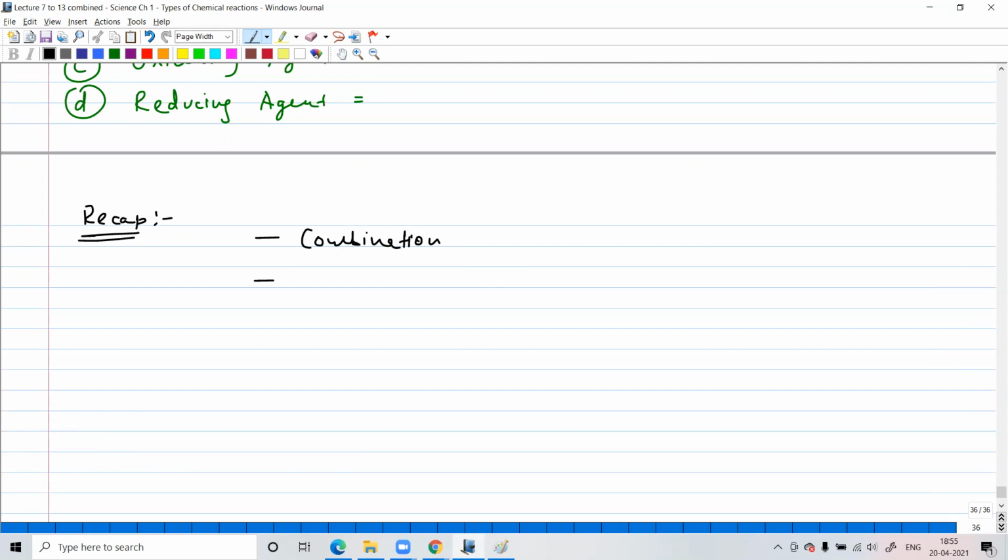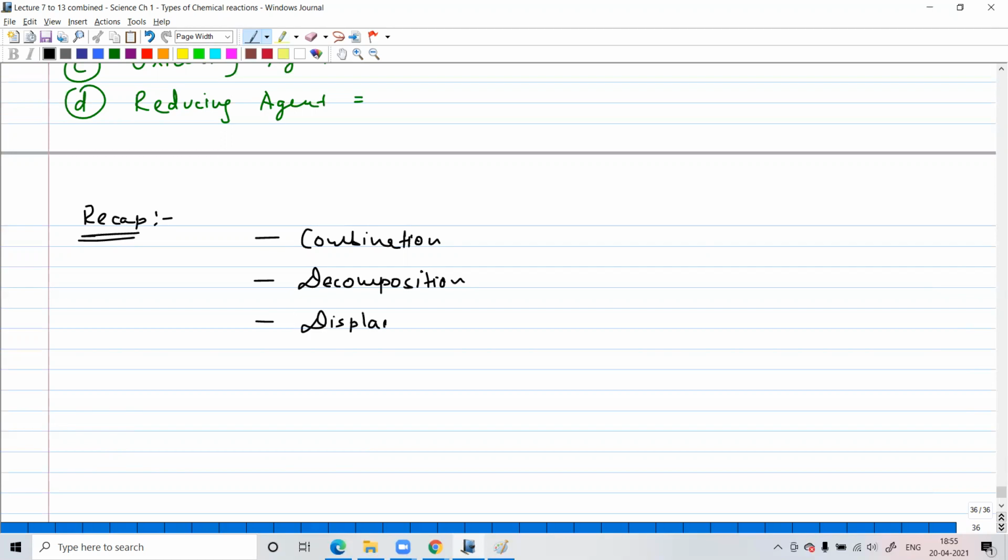Okay. So first we studied combination, then the opposite of combination was decomposition reaction. Other people can also answer, everyone. What was the next one? What did we study after that? Displacement reaction.